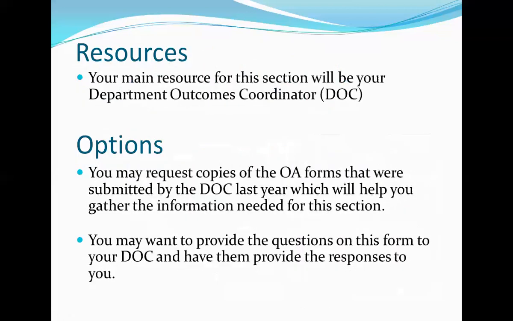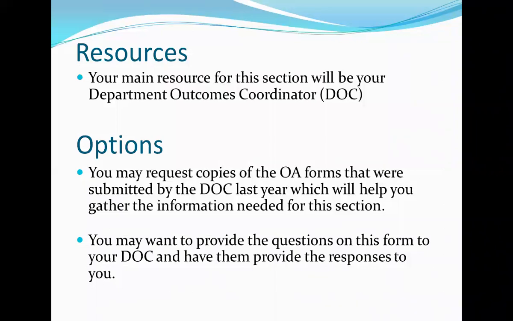For this, your best resource is your Department Outcomes Coordinator. They will be able to help you pull the stuff out of the outcome side of TaskStream, and you can rely on them to help you answer the questions and get the data that you need to fill this section out. A couple options here.